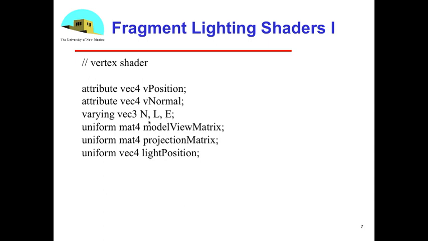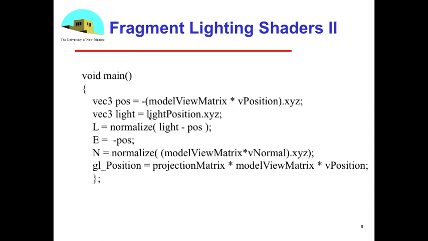So these are now varying variables, because the computation is actually going to be done in the fragment shader. Here all the vertex shader has to do is compute L, E, and N, and so they'll be output. So this is pretty much exactly the same as what I had in the per vertex shader. The only difference is I don't do the rest of the calculation. I compute the position because I have to, and these things we just defined as varying variables, so they're being passed on to the fragment shader.